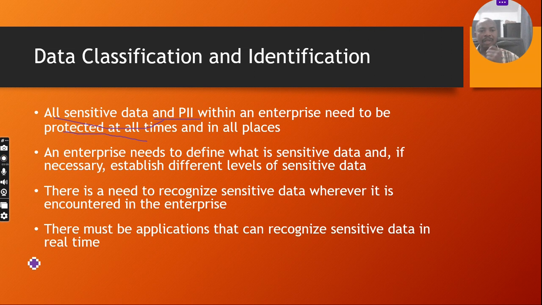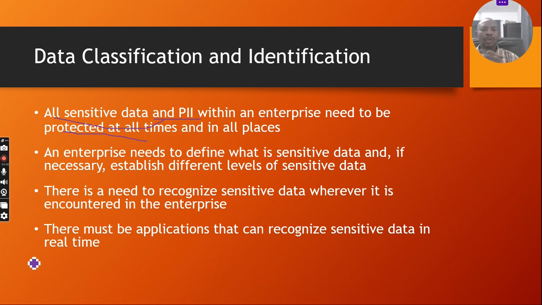The second step is that the enterprise needs to define what it refers to as sensitive data, because what may be sensitive to one enterprise may not be sensitive to another. So a given enterprise needs to define what it calls sensitive data, and if necessary establish different levels of sensitive data if the enterprise can go a little further.